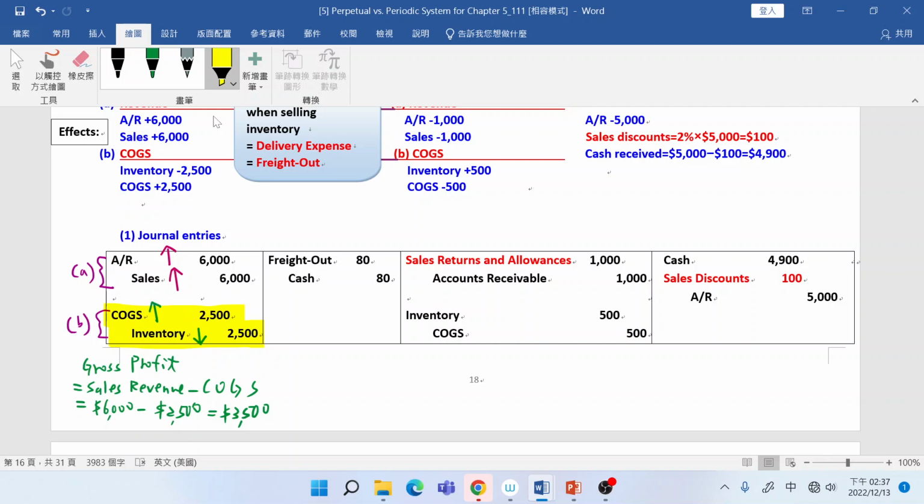Then we've done the second method, periodic. So please make sure you understand perpetual 永续盘存制 right now. Okay, any questions?